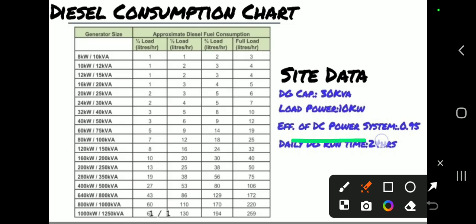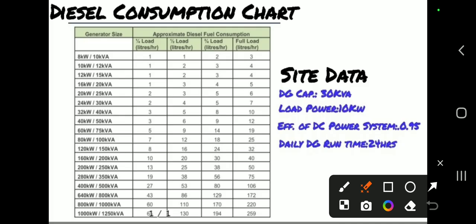The efficiency of the DC power system is 0.95. We run this generator for 24 hours in a day because there is no interruption in power when it comes to telecom. For smooth operation, there must be zero downtime, and downtime is what we always prevent.